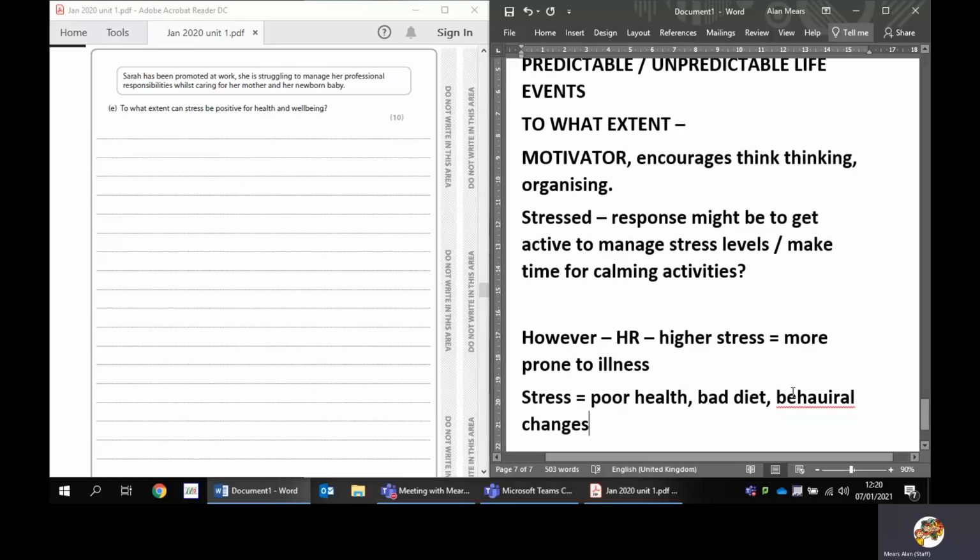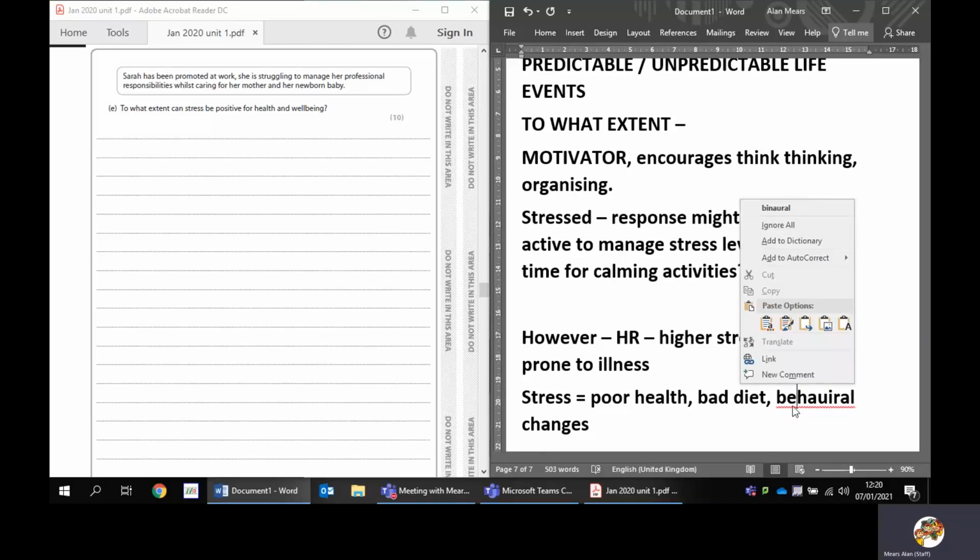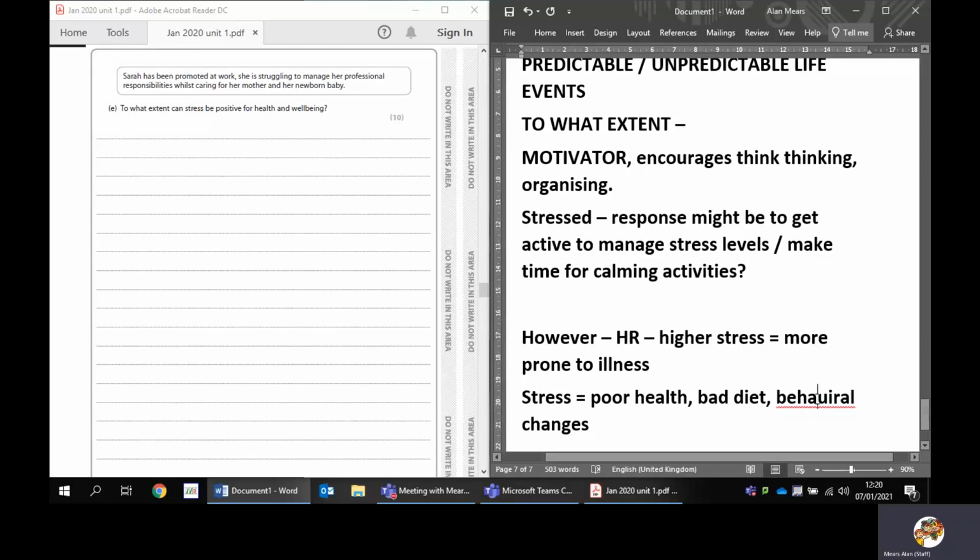So again, like eating bad foods. So, you know, smoking, drinking, are encouraged when being stressed. Obviously, in this context, the source of the stress for Sarah is the baby. So, baby equals stress and tired.